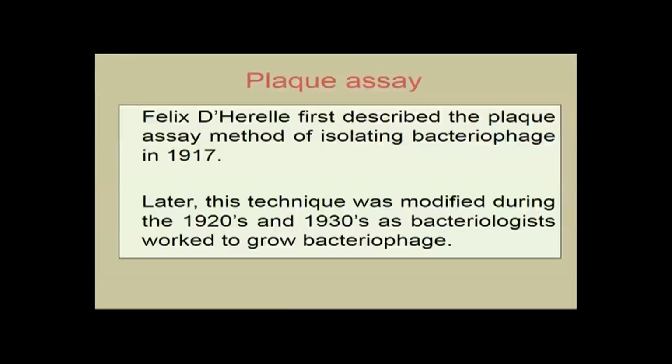That means number of virus particles capable of forming infectious plaques. Plaque assay was first discovered by Felix d'Herelle, and many scientists then worked on this technique and developed it. And plaque assay is mainly used to determine the concentration of bacteriophages present in a given sample, also for isolation and purification of the bacteriophages.